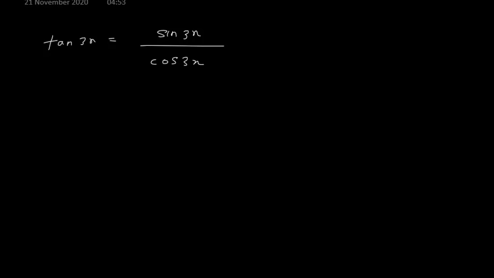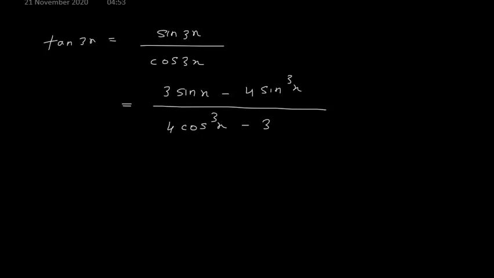Now the value for sin 3x, we have seen that it is 3 sin x minus 4 sin cube x, and for cos 3x we have seen this is 4 cos cube x minus 3 cos x. Now I want this tan 3x in terms of tan.